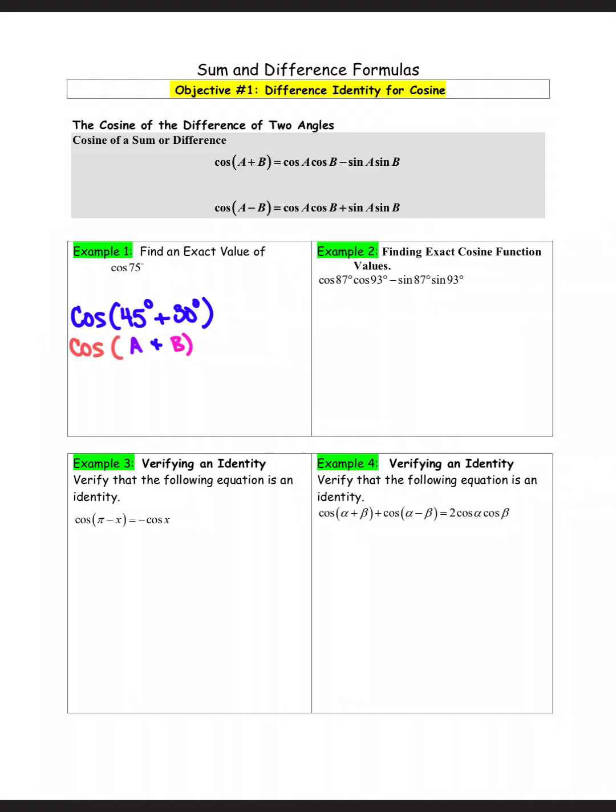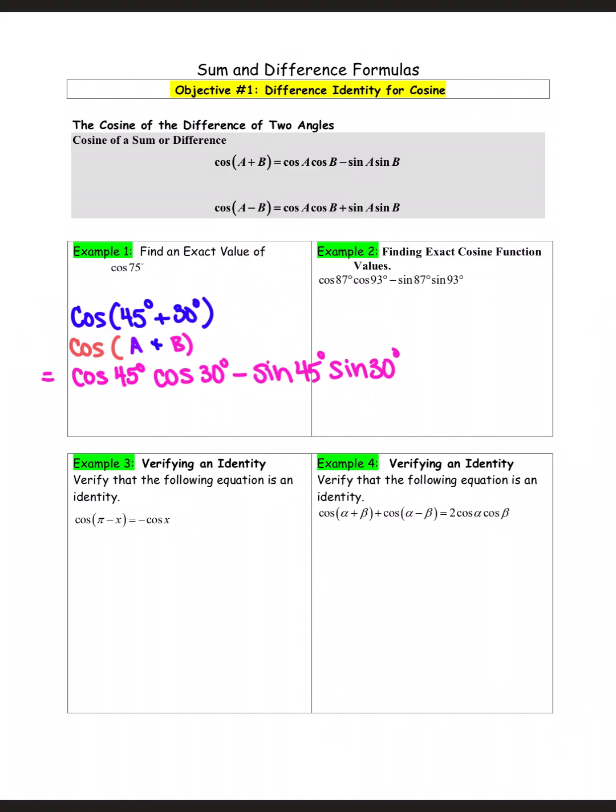So that is equal to, so we're going to use the cosine of A plus B formula here, which is cosine of A, which is our 45 degrees, times cosine of B, which is my 30 degrees, minus sine of 45 degrees times sine of 30 degrees.